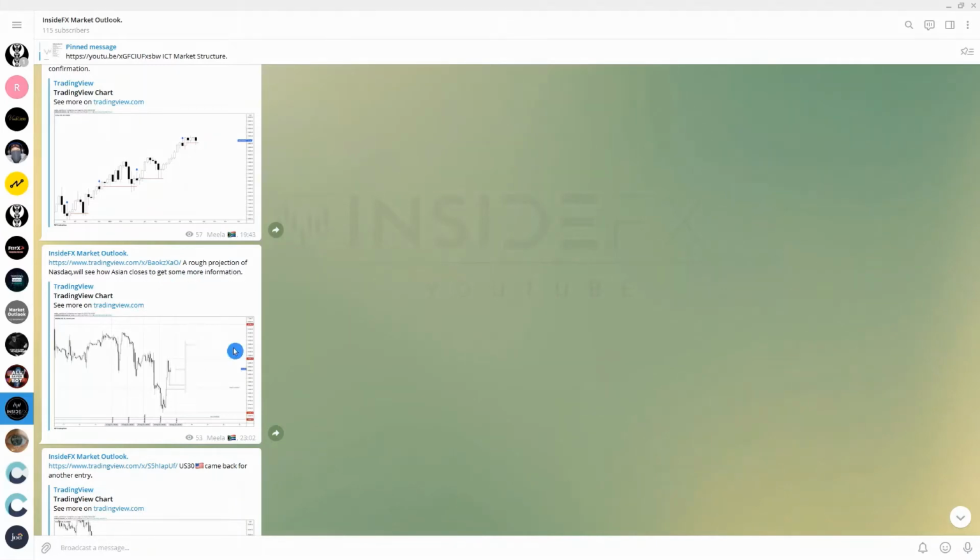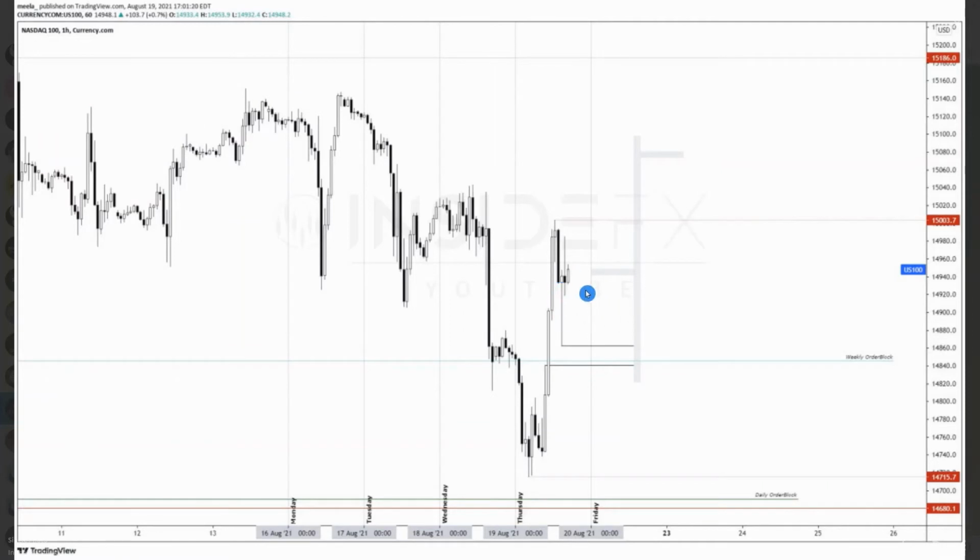So this was my rough projection. As I said here, I just needed more information from the Asian range. You can see that I was waiting for price to open up, make a low, close in the imbalance that we have, and then looking for price to trade above the previous day's high and obviously Wednesday's high.